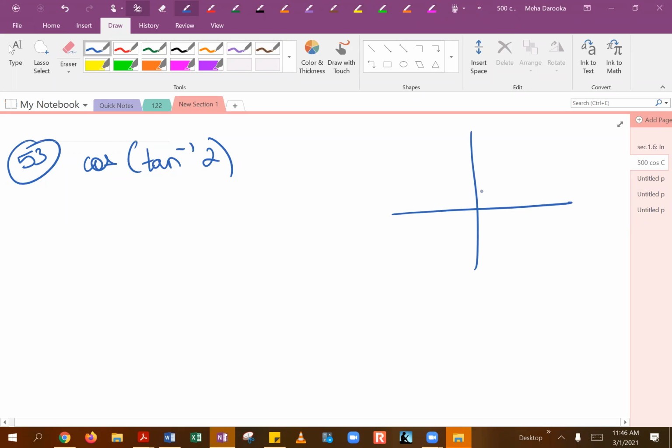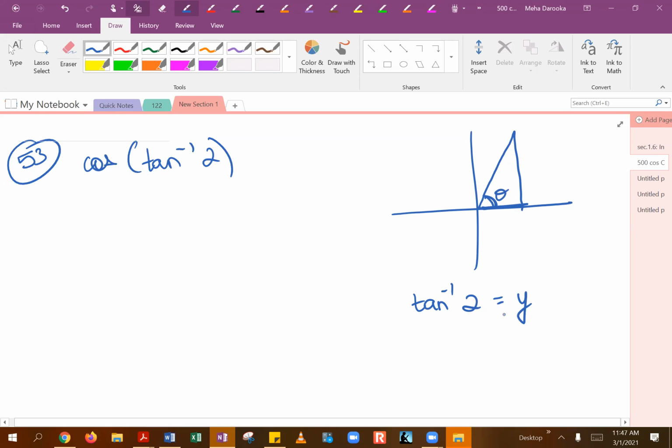Now, starting with our central angle, let's create here. So now when we're talking about tangent inverse of 2, remember how we had mentioned that you can think of this as equal to, I guess we'll do a y value.